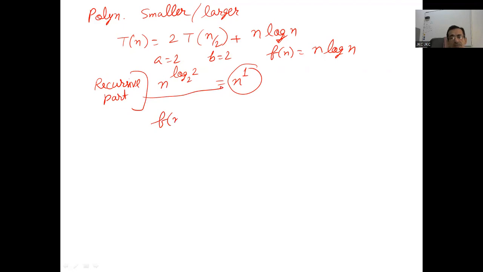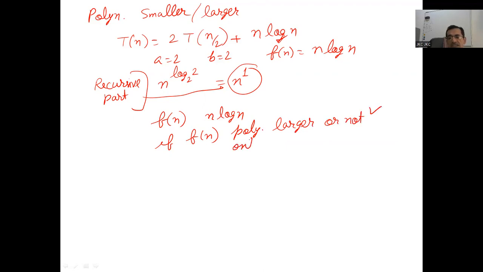Fn is n log n. So I have to find out whether Fn is polynomially larger, because equality is guaranteed, or not. If yes, only then case 3 will be applicable. Case 1 is not applicable; the power is n^1, so Fn is guaranteed to be n^1 or more.